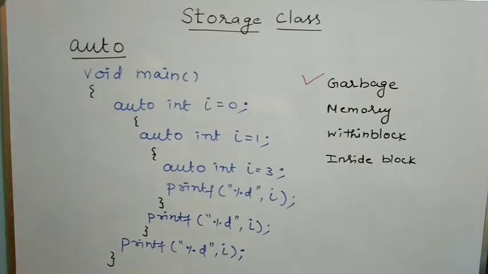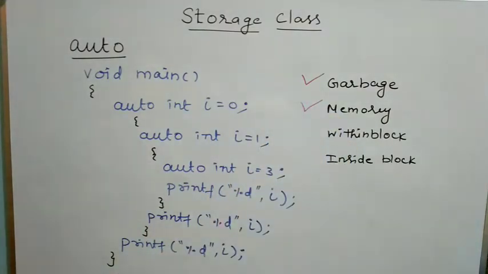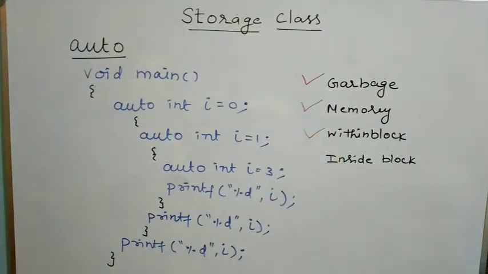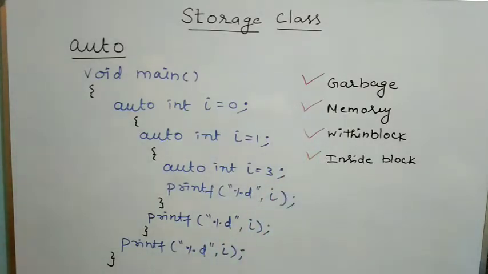These variables are stored in memory. We can define variables of storage class auto within a block, and the lifetime is inside the block where it has been defined.